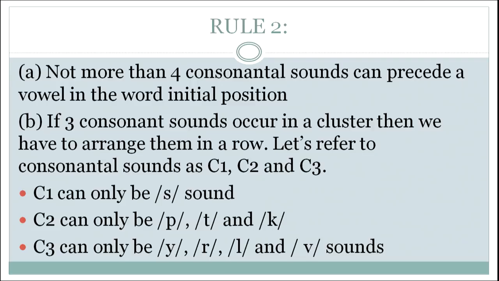So if we call the consonant sounds C1, C2 and C3, then the first consonant will be S sound and the second consonant sound can only be P, T or K. And C3 will only be Y, R, L, V. So now you can, according to this rule, make other words and see if this fits in or not.